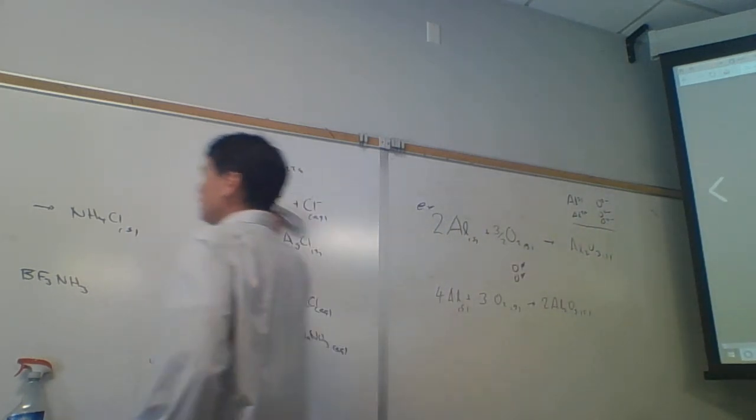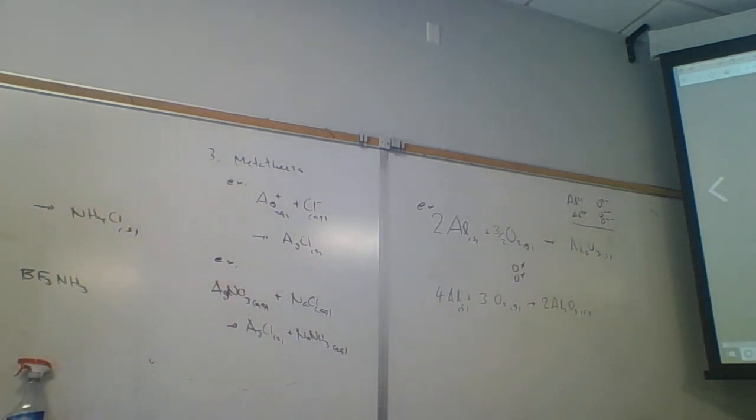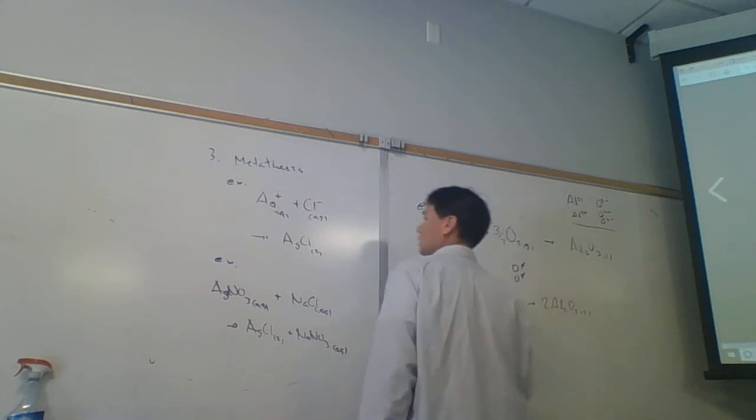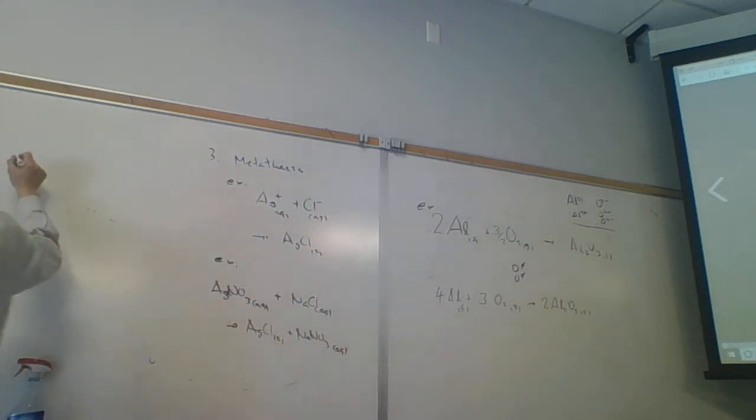Let's take a look at the second equation there. We look at it at the particulate level. If we look at it at the particulate level, we have 4 aluminums. The charge on the aluminums is what? 0. Okay, over on the right, how many aluminums do we have? We have 4 aluminums, but the charge is not 0.